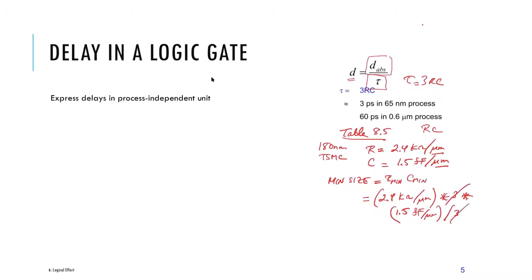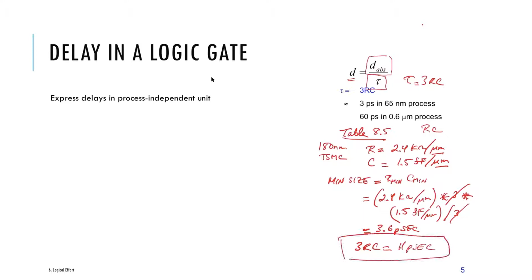So either way, it doesn't matter. You're just talking about RC regardless of the value. I calculated this RC, and it ends up being 3.6 picoseconds. So 3RC is 11 picoseconds.